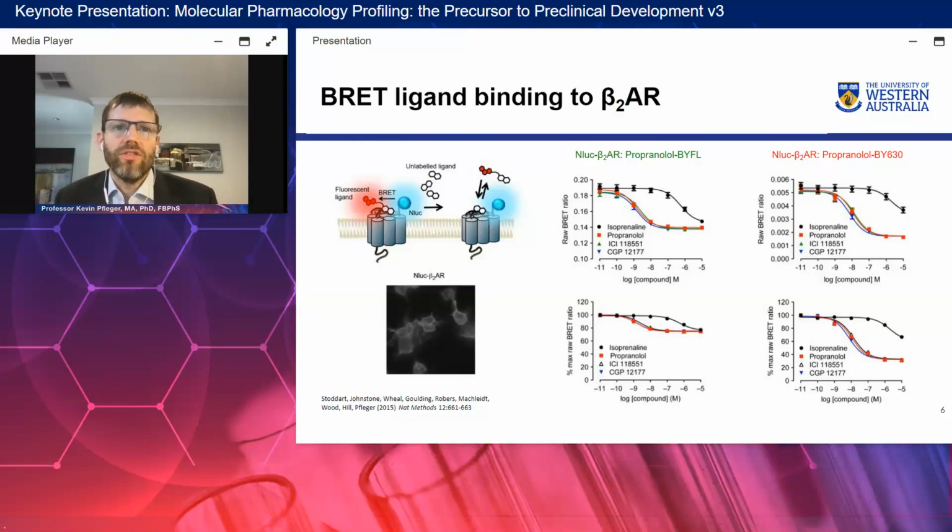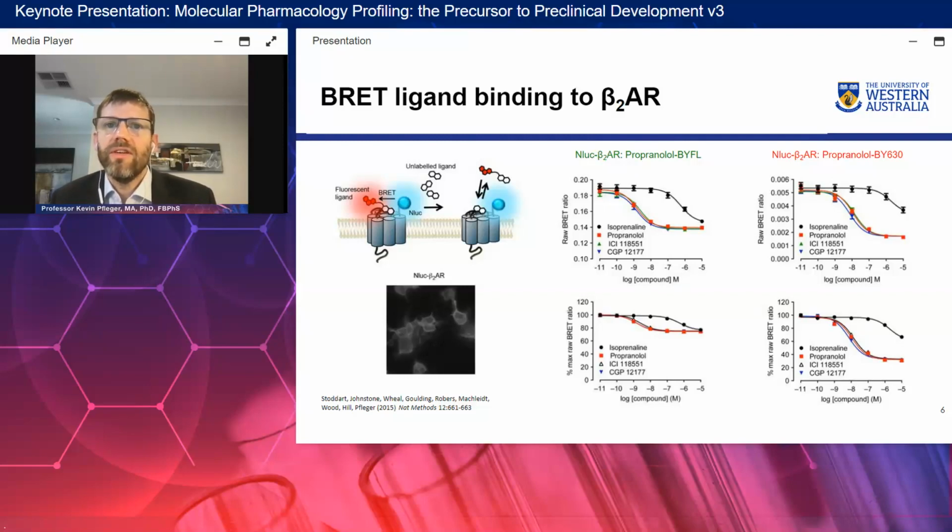BRET occurs between that luciferase and the fluorescent ligand. So you have the acceptor conjugated to a ligand, and the energy transfer occurs to that BODIPY, for example. You can then compete that off with unlabeled ligand.